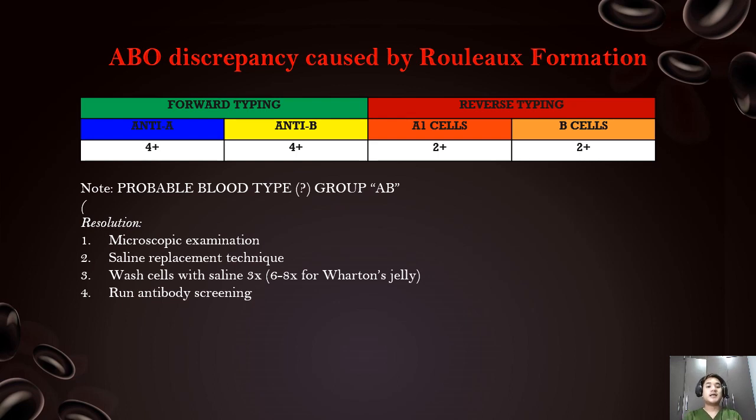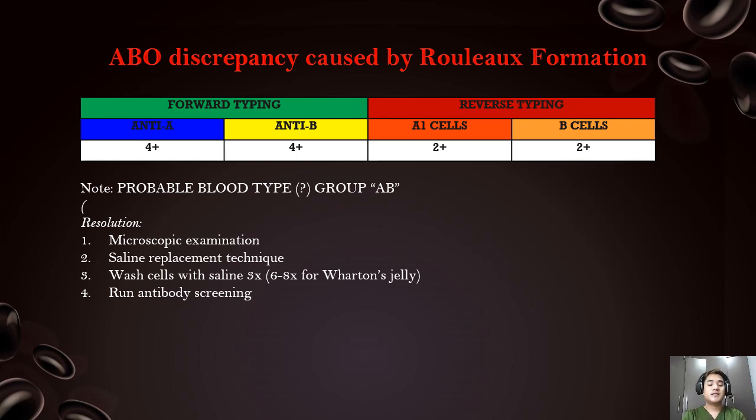However, in this case, as you can notice, class, in this table, it shows a weak 2 plus agglutination reaction, which can be deduced to have resulted from pseudoagglutination caused by rouleau formation due to an increase in serum or plasma protein concentrations.